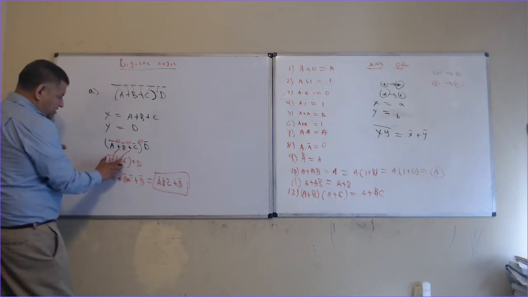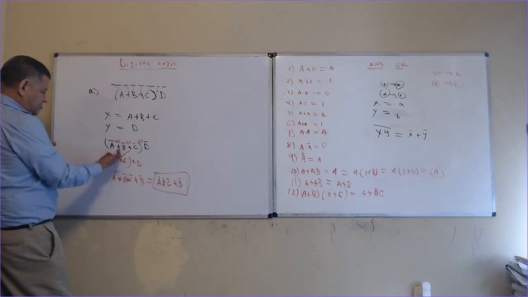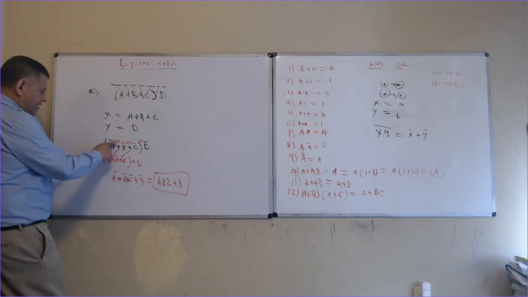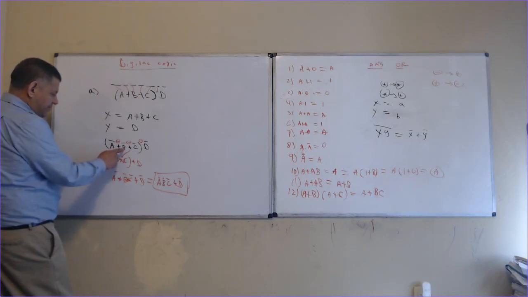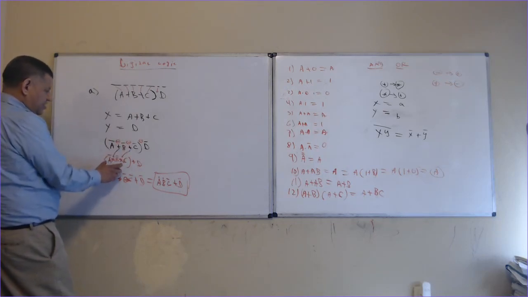Now we start breaking things apart, and we start combining things. Not combining, but we're getting rid of the signs. If we have a minus and a plus, that becomes a multiplication in this case. If we have B bar, it becomes just a B bar, and so forth.